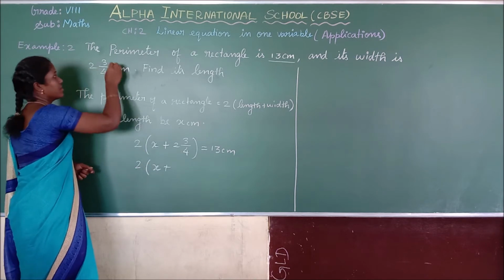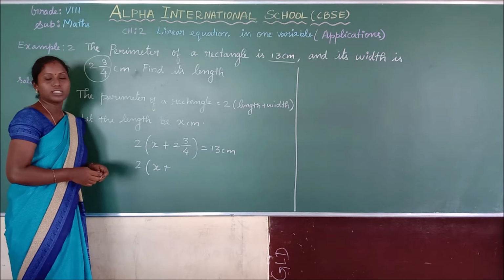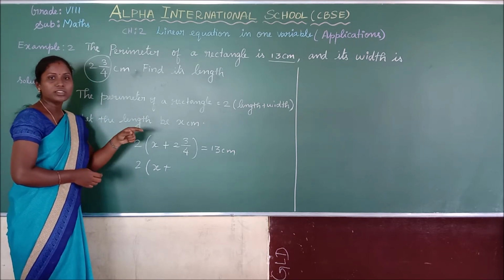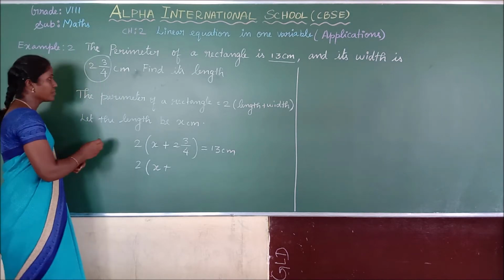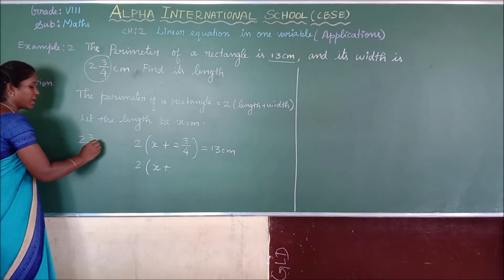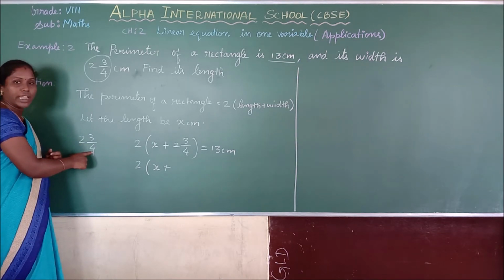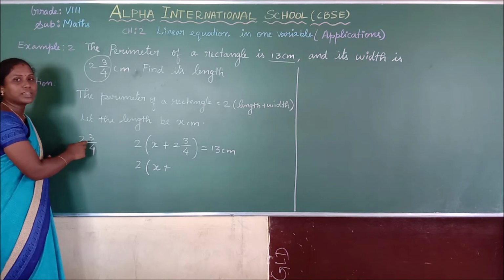See now, the width in the question is given in the form of a mixed fraction, isn't it? We have to change it to an improper fraction. How to change it? We are having 3 3/4. 4 2s are 8 plus 3. 8 plus 3 is 11.